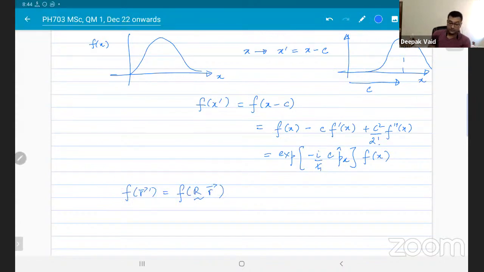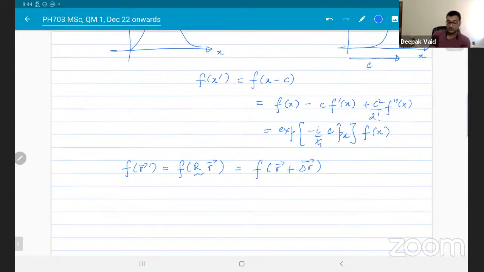This is f of r prime, which is some rotation of this r. I want to write this as f of r plus some small change delta r, just the same way that I wrote this translation as some small number c. Well, I didn't say that c is a small number, but let's assume that it's a small number.